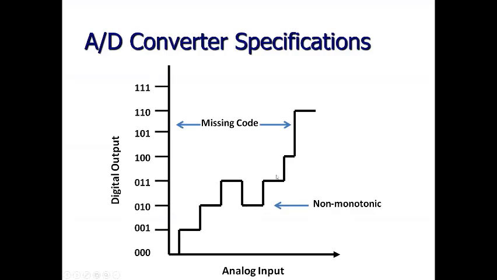It turned around. It wasn't supposed to do that. Pretty much all modern day A to Ds are of such good quality that monotonicity is usually not a problem. Missing codes is the idea that there is an actual binary code that doesn't come out. I just kind of skip that one on the way up the ladder. And again, most modern devices will say right in their specification, no missing codes. These problems are generally due to manufacturing defects.